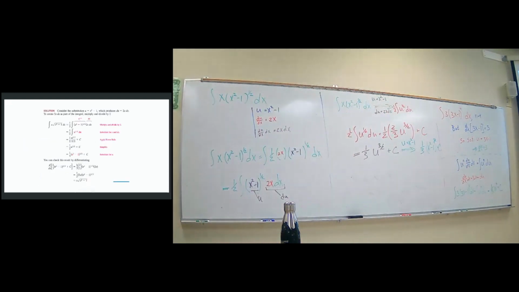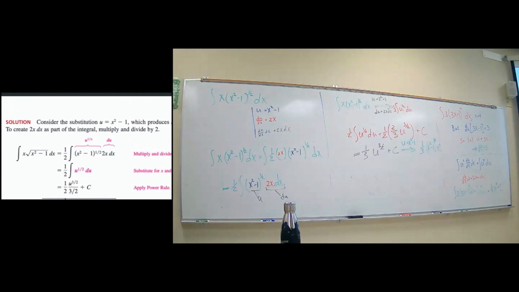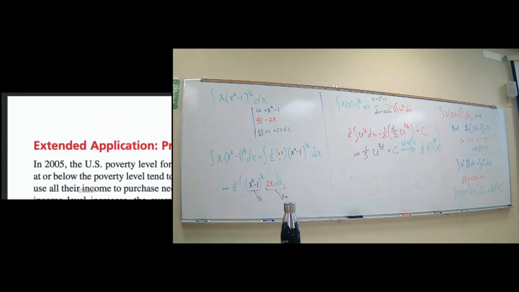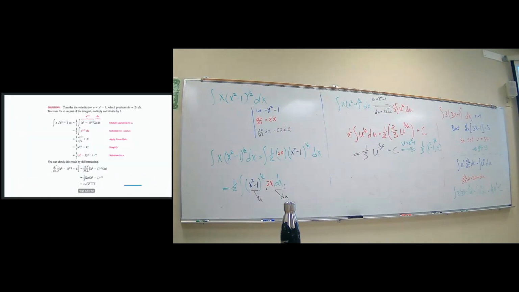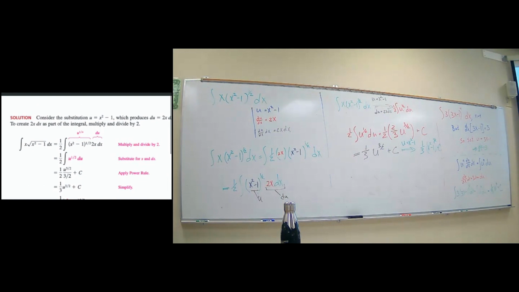And now checking our work really quick. We start off by defining what u is and finding what du is. If u is x squared minus 1, then du/dx is just 2x, so du is going to be 2x dx.